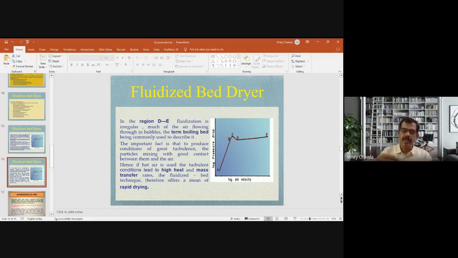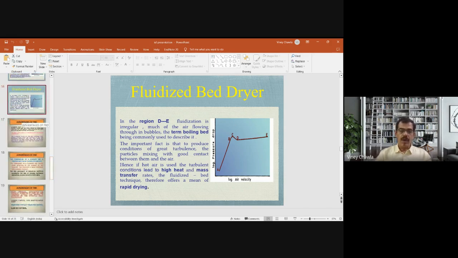As a result, that moisture is evaporated, and because air is moving, air carries that moisture away from the drying site, that is the surface of the particle. So if hot air is used in turbulent conditions, it leads to high heat and mass transfer coefficients, and the fluidized bed technique is therefore a technique of rapid drying.